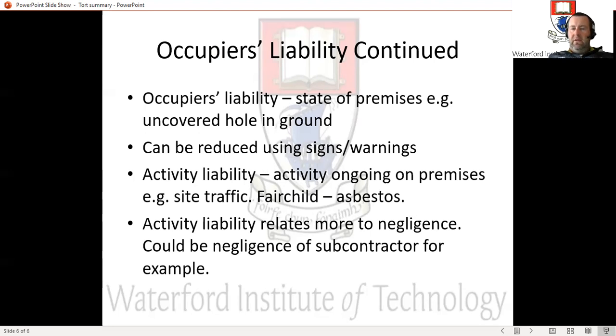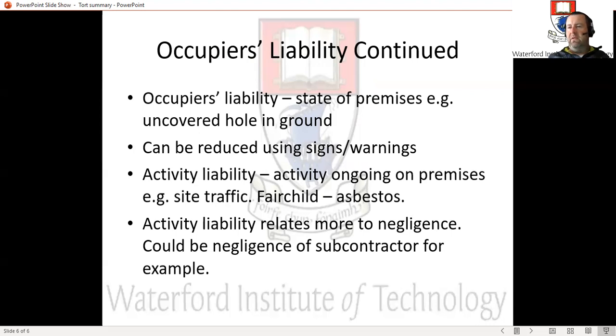There's a case on it, the Fairchild case, where contractors are removing asbestos from a building, and some of it got airborne, and asbestos is extremely dangerous. Certain types of it cause asbestosis. So the question arose as to who would be responsible for a person getting asbestosis, and it was said that the asbestos was part of the building, but it was completely harmless in its dormant state.